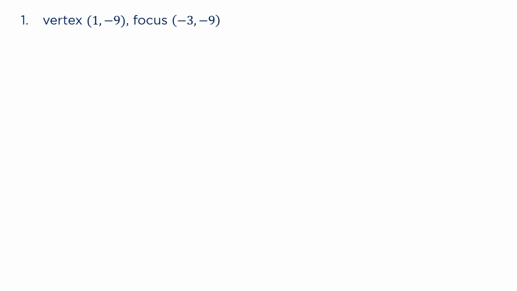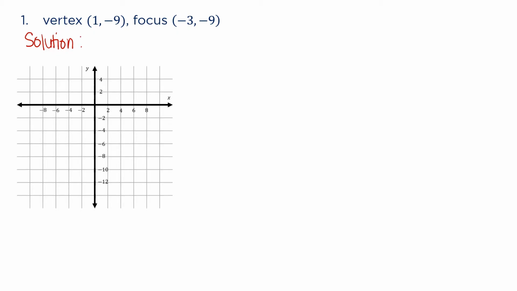Okay? So, we have here the solution. Suppose this is our Cartesian plane. Since the vertex is (1, -9), it is located here. So, you have V(1, -9). We also have the focus, (-3, -9). So, this is our focus.